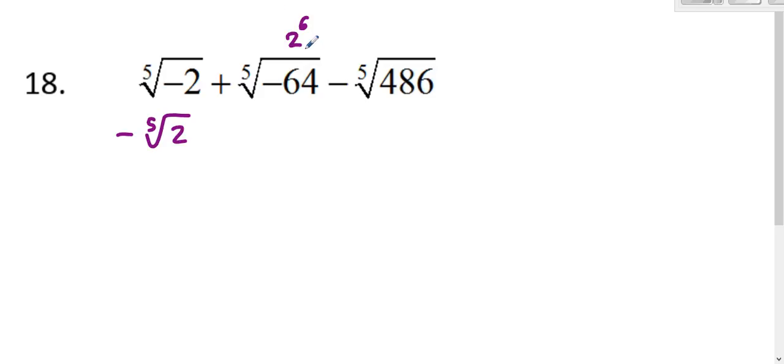So that means there's a complete set of 5, 2 to the 5th power with an extra 2. It's negative, so we can pull the negative out as well. And then the extra 2 that's left over goes back inside.